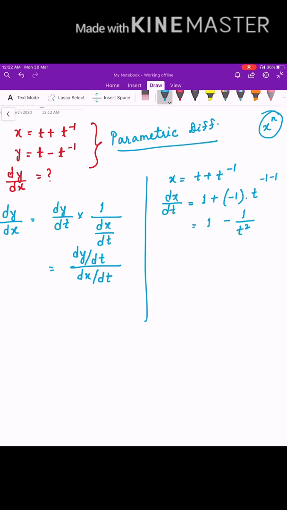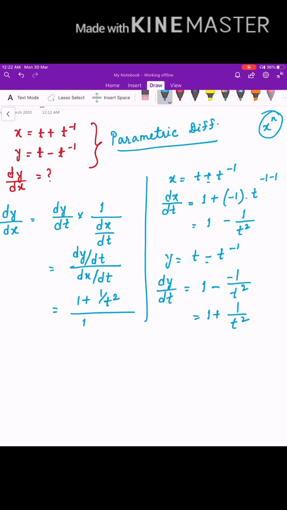Similarly, if y is t minus t to the power minus 1, then dy by dt will be 1 minus minus 1 by t square. So it becomes 1 plus 1 by t square. There are similar expressions with just a change in this sign, right? So dy by dt will be 1 plus 1 by t square.